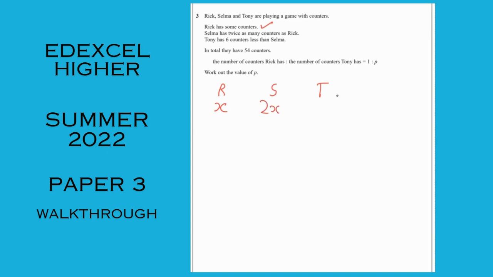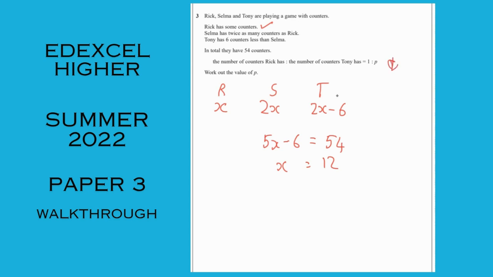Tony, 6 counters less. Total is 54, so the total is 5x minus 6 is 54. Adding 6 to both sides and dividing by 5 means x is 12.